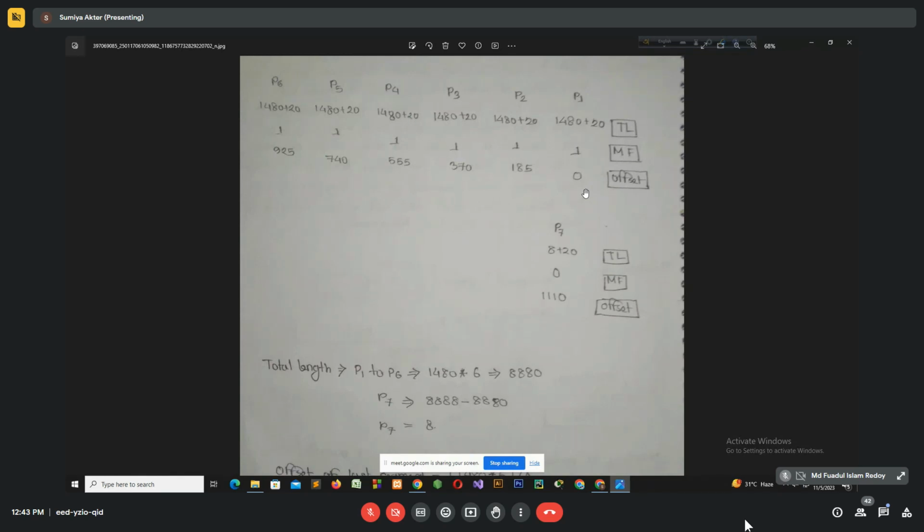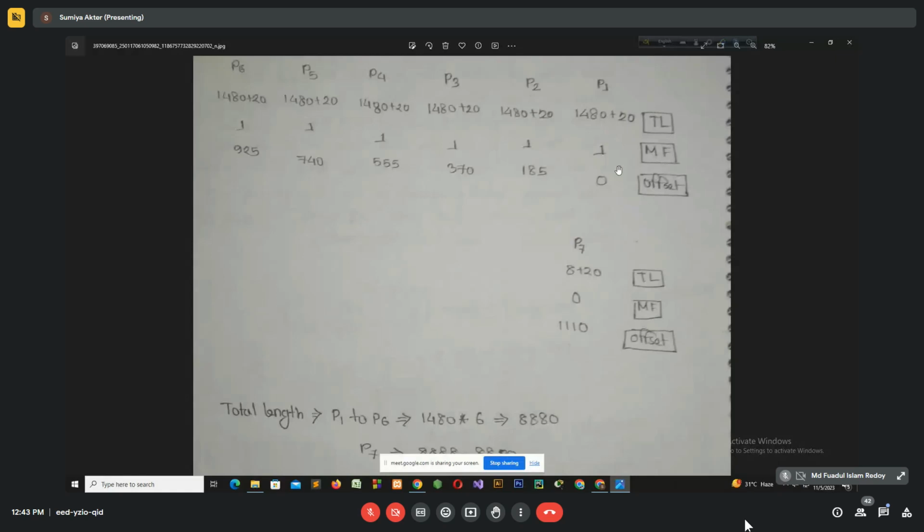So first, at P1, I haven't sent any data before P1, I didn't send any data, so P1 is going to be 0. Do you understand this part? Yes, Apu. Then after sending P1, I am sending P2.